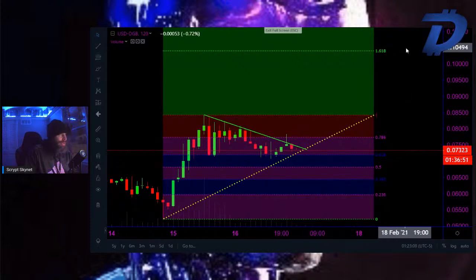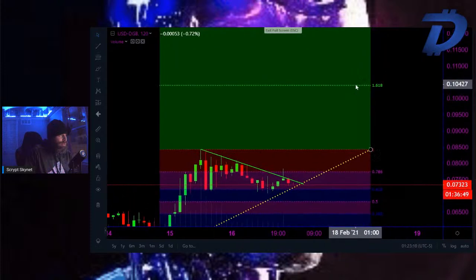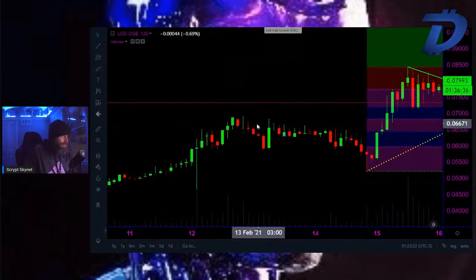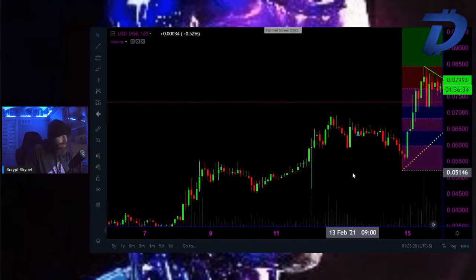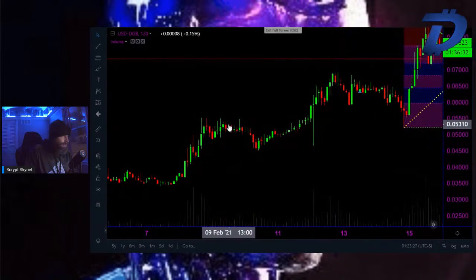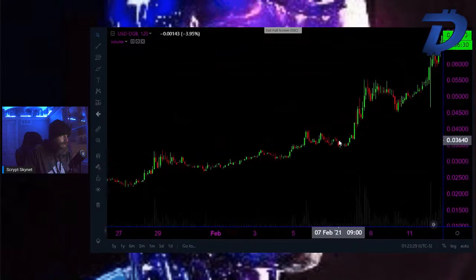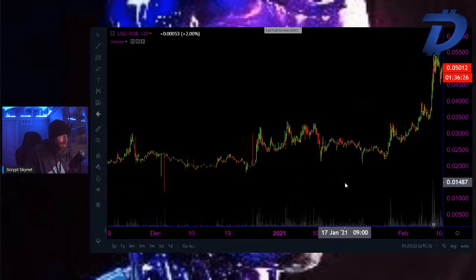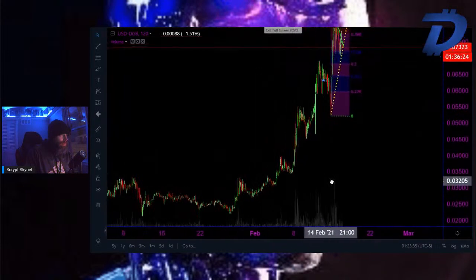So this will be every new range, every new target if it hits it. Just below that is going to be a bunch of accumulation, a bunch of support, a bunch of accumulation, a bunch of support. So there's a lot of support along the way.